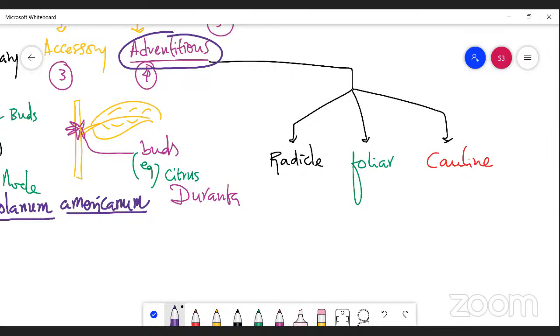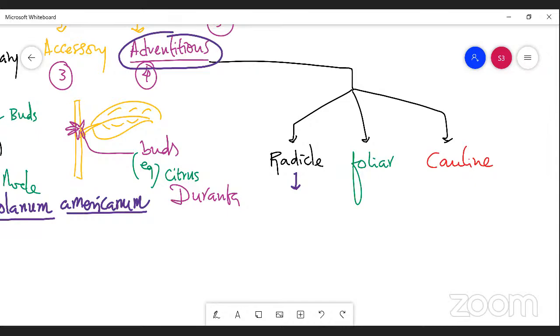I repeat once again, adventitious buds are a type of bud that arises either from the radical or root portion, or from a leafy portion, or from a stem portion. It is called an adventitious bud, or it is also known as epiphyllous buds. First of all, let me take radical bud.